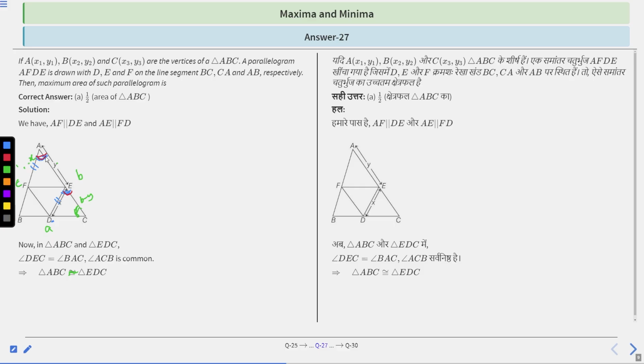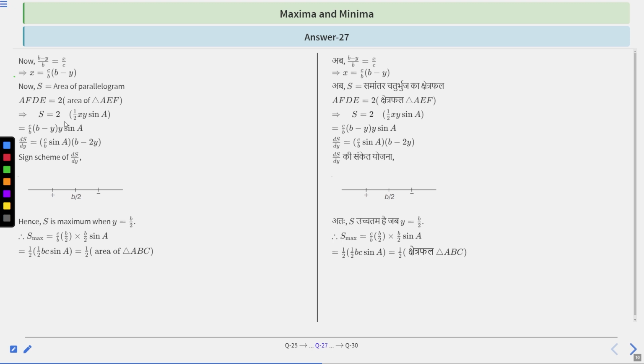This is x, this is y, and by using the trigonometric formula, area can be written as 1 by 2 xy sin A. So S is 2 times 1 by 2 xy sin A, then 2 and 2 will cancel out.